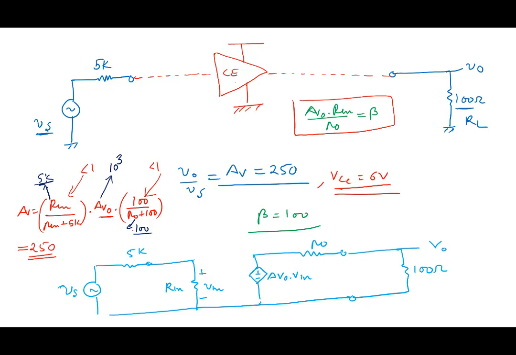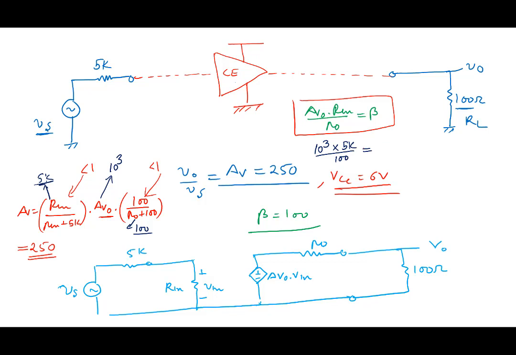It seems like a design, but does it satisfy this constraint? Well, what does it give us? 10 to the power 3, Rn of 5K and over 100. And so what do I require?